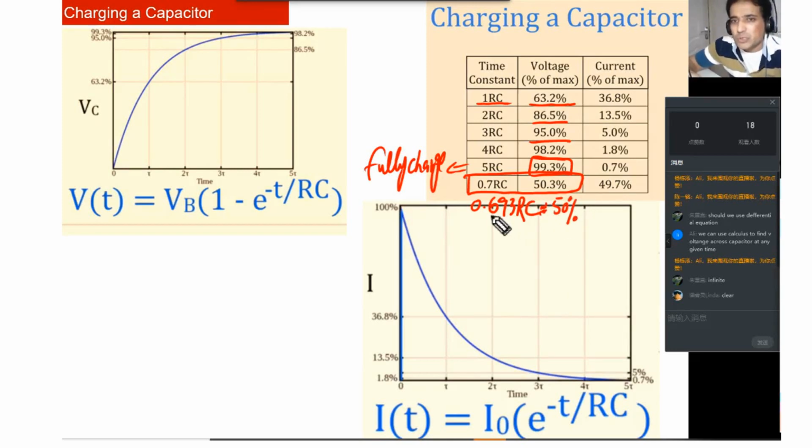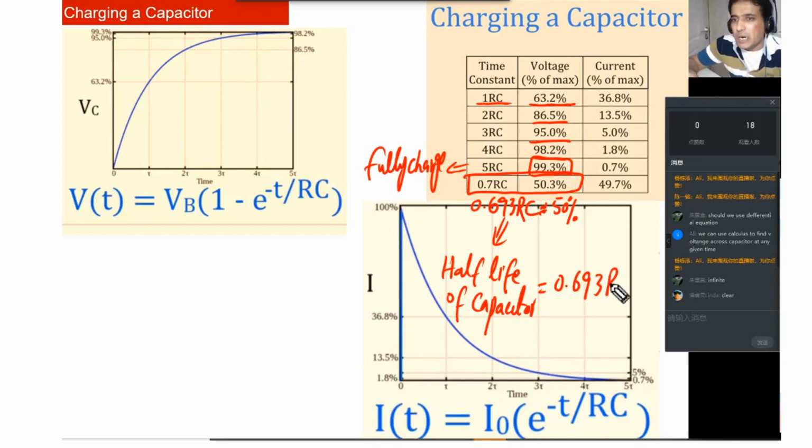This number 0.693 we call the half-life of a capacitor. So the half-life of a capacitor is equal to 0.693 RC, or you can say 0.693 tau.